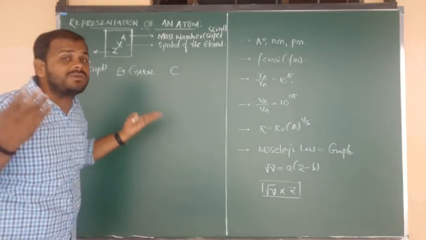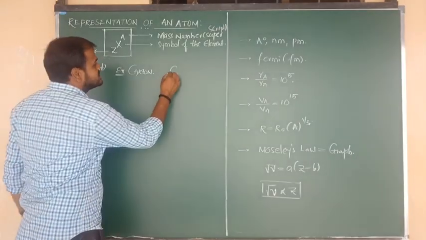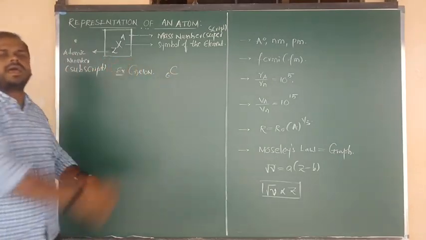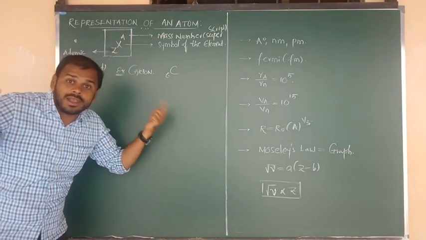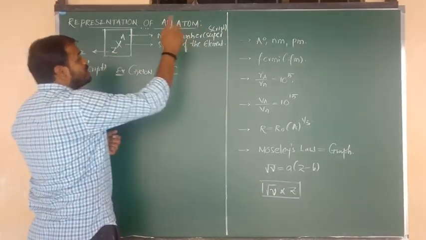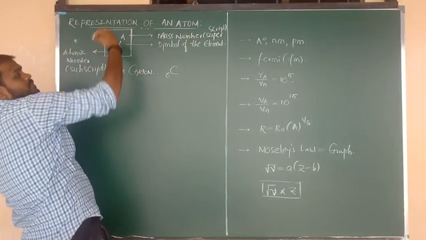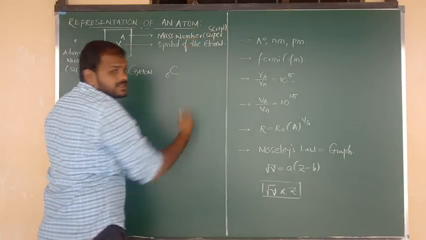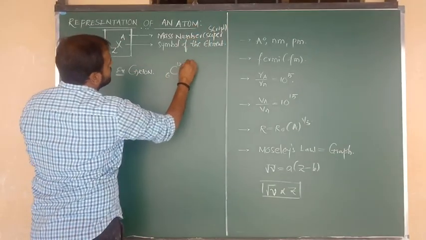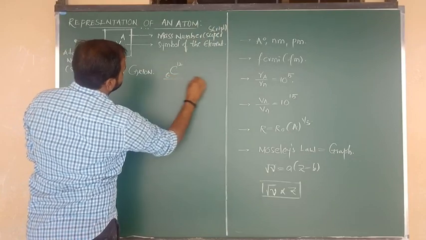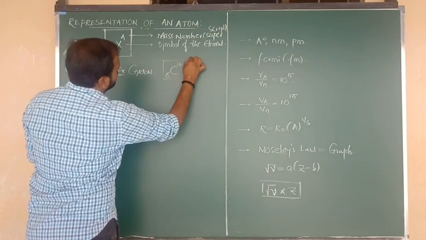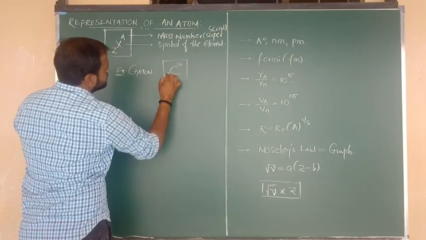What is the atomic number of carbon? 6, written as subscript. And what is the mass number of carbon? 12, you know very well. So 12 is the mass number, written in the form of superscript at the top of the symbol. In that manner we represent the symbol of carbon.